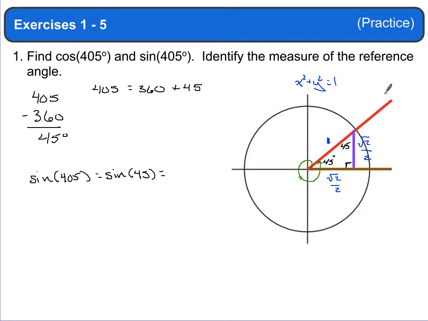What else can we note? That we were in the first quadrant. So everything in the first quadrant is positive, positive. And so we henceforth know that this is going to be the square root of 2 over 2. And then we know that the cosine of 405 is going to also equal the square root of 2 over 2.